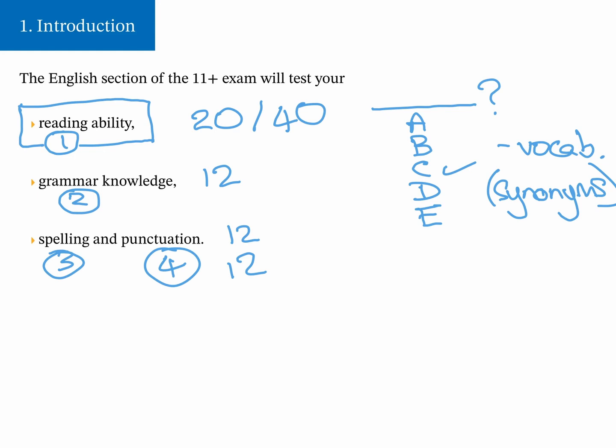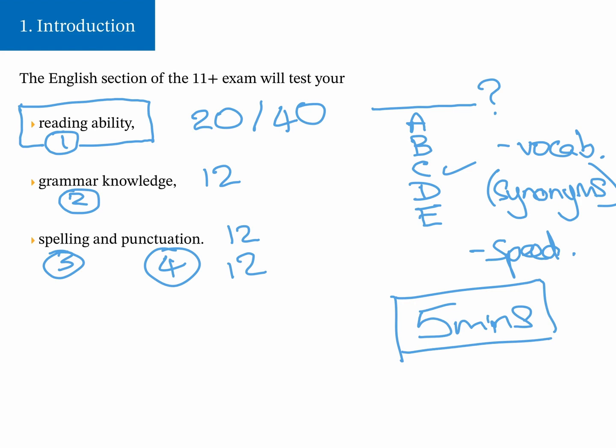And also testing speed. So if you read average speed for a 10-year-old, it's going to take you around 5 minutes to read the story. And so for each question, that will give you about 30 seconds per question.